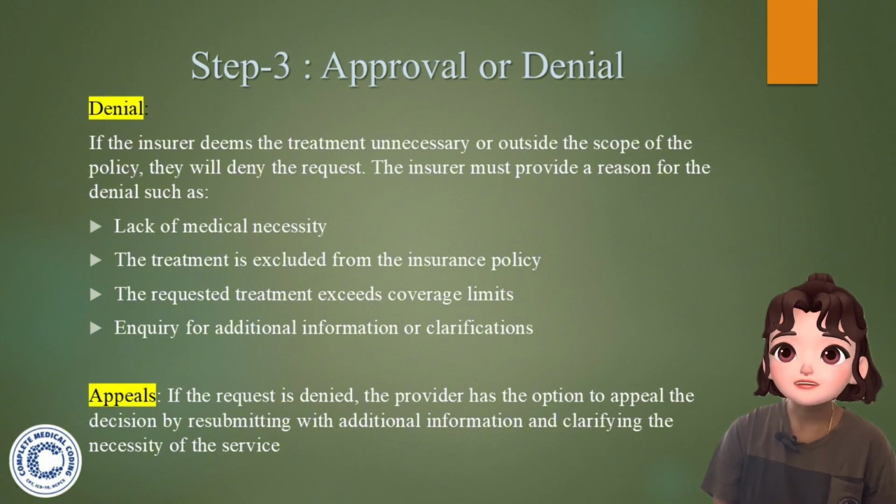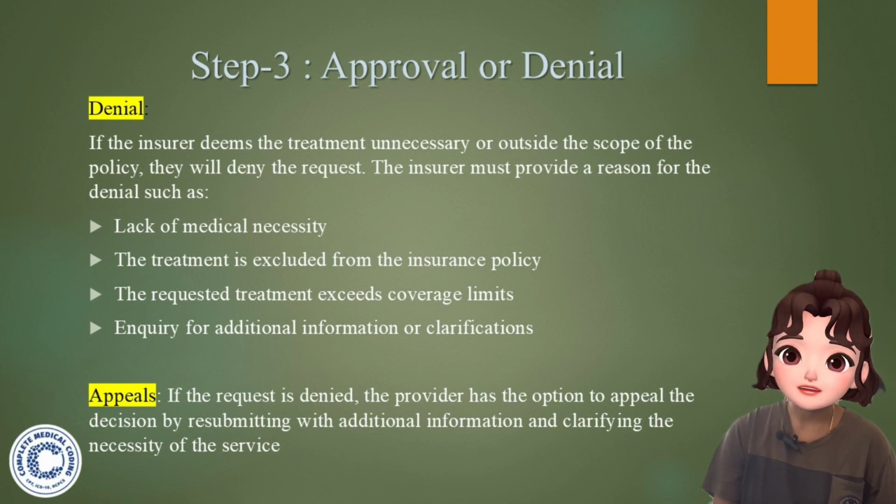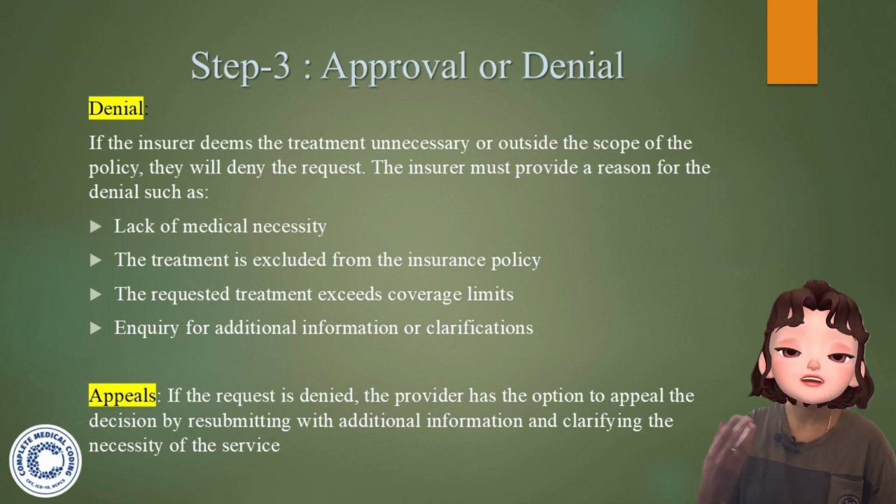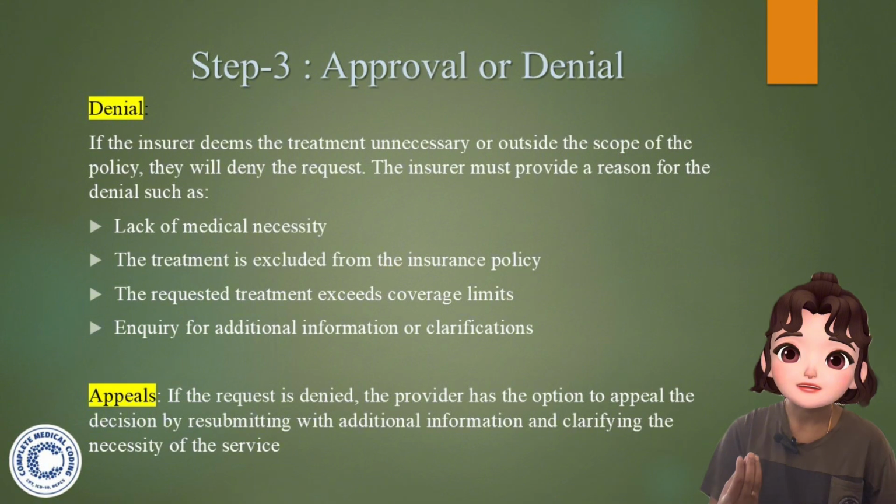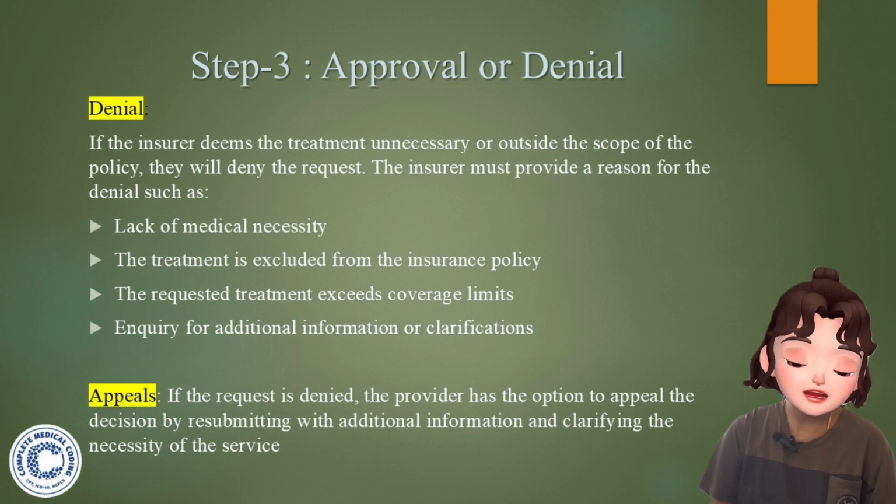If the limit is exceeded, the insurance company will deny the claim. Fourth, enquiry for additional information or clarifications. If some information is mismatched or incorrect, or if they need additional information, they will deny the request. Then we have to send whatever additional information they have asked for, again. So these are the 4 things you have to check when the claim is denied.